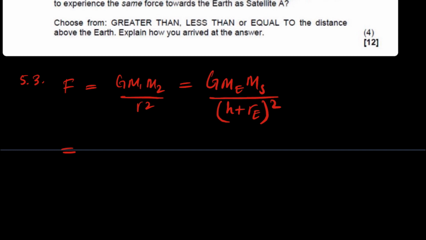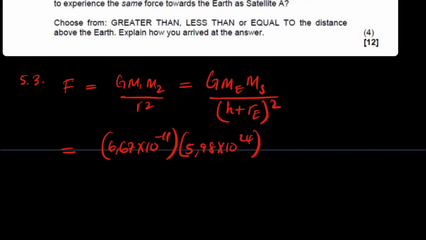So let's substitute. It's 6.67 times 10 to the power negative 11. And then the mass of the Earth is 5.98 times 10 to the power 24, you get it from the data sheet.